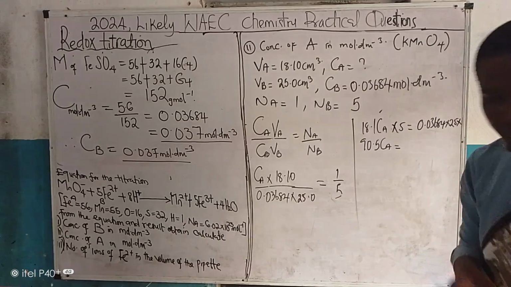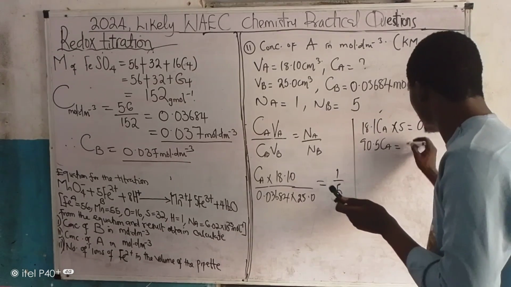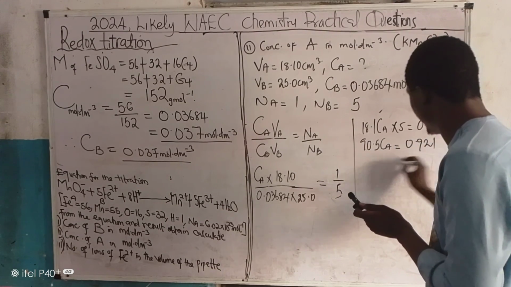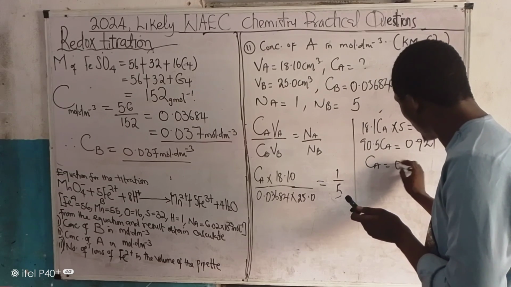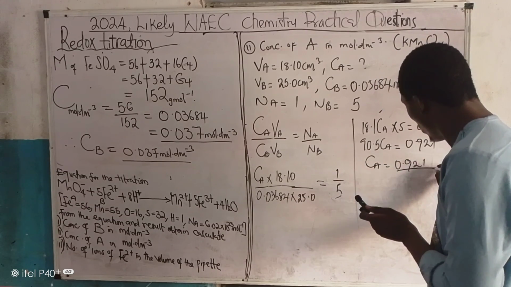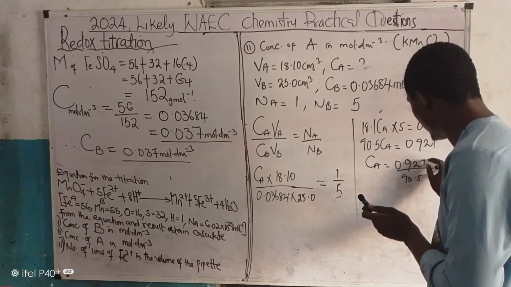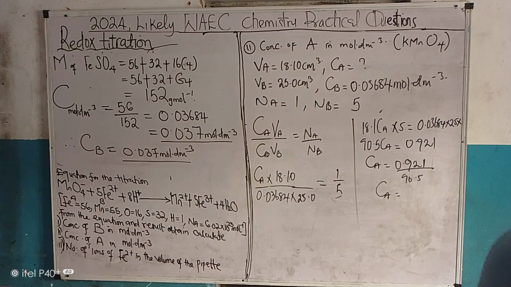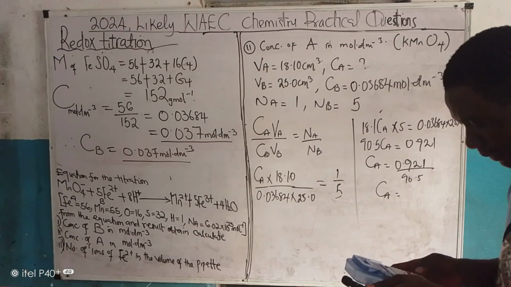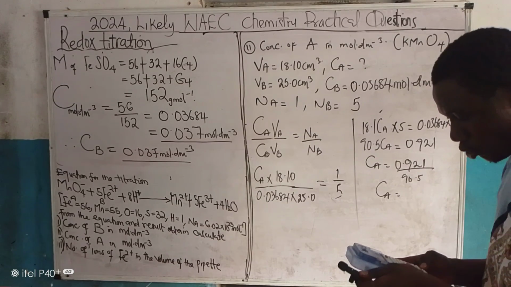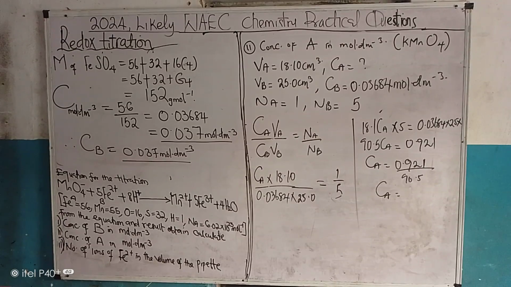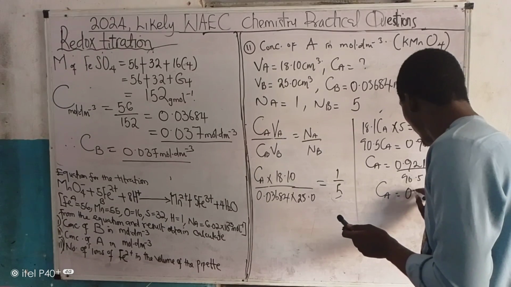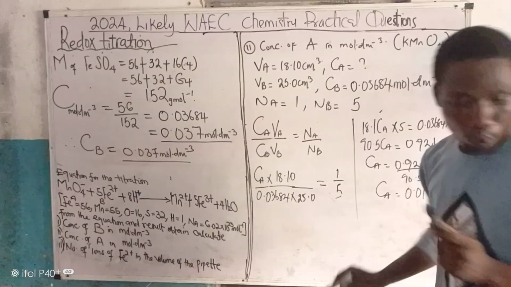That will give us 0.921. Therefore, CA is 0.921 over 90.5. So CA will give us what? 0.921 divided by 90.5. You have 0.01.